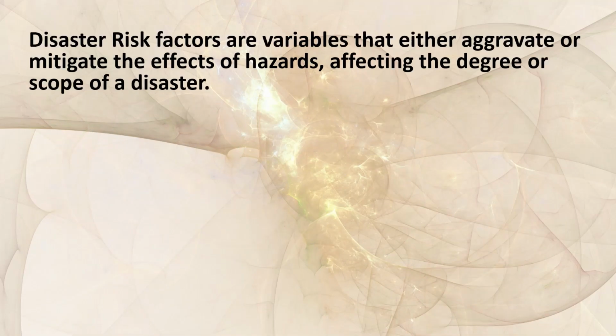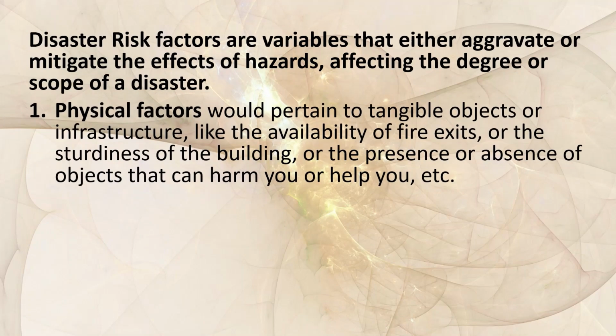Now, disaster risk factors are variables that either aggravate or mitigate the effects of hazards, affecting the degree or scope of a disaster. Number one is the physical factor. It pertains to tangible objects or infrastructure, like the availability of fire exits, the sturdiness of the building, or the presence or absence of objects that can harm or help you.